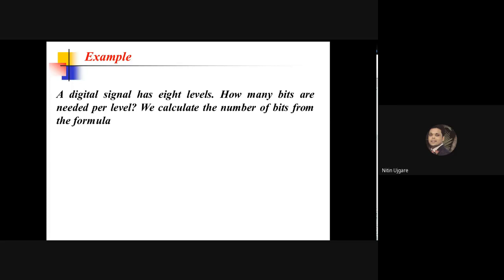If a digital signal has 8 levels, then how many bits can it carry per level? Any guess? Any? 256. No. Wrong. Not 256.